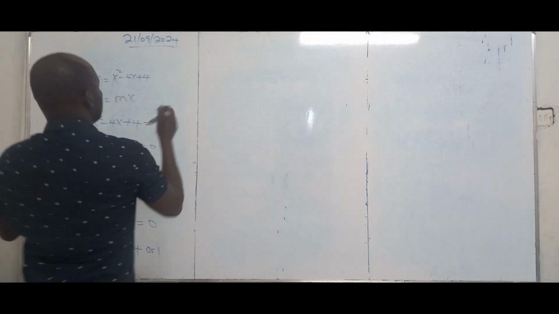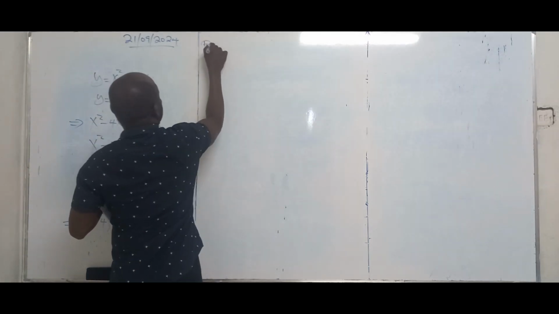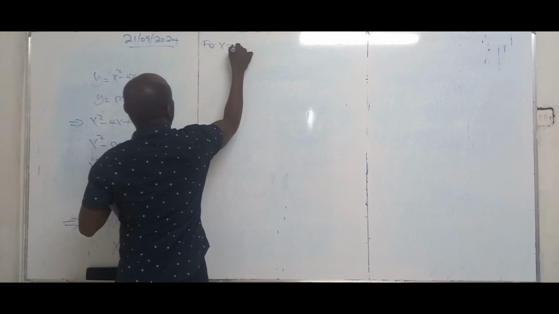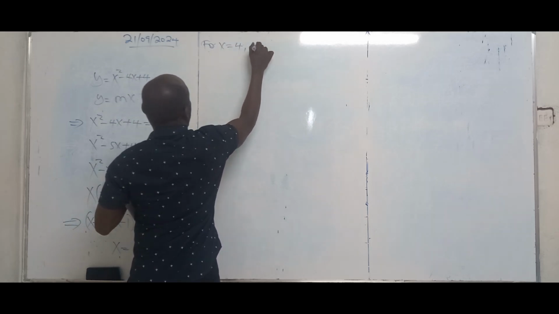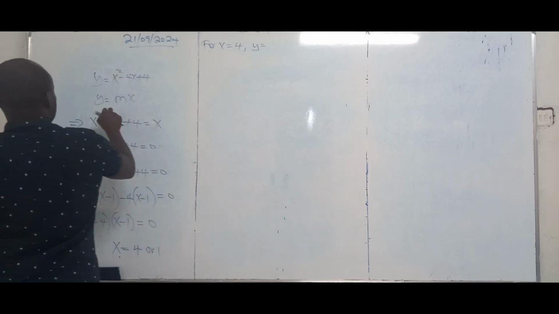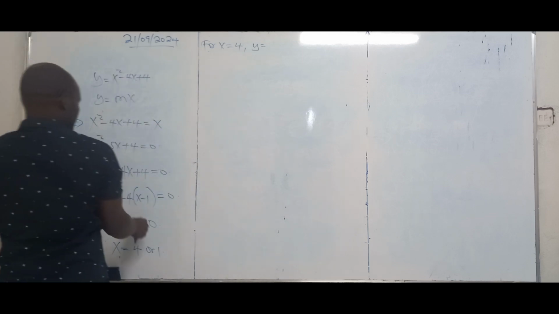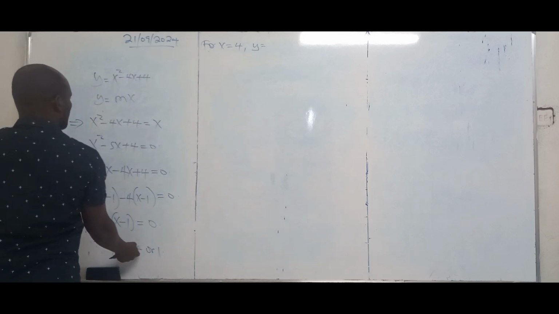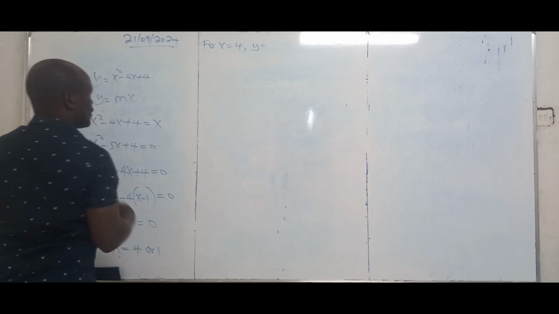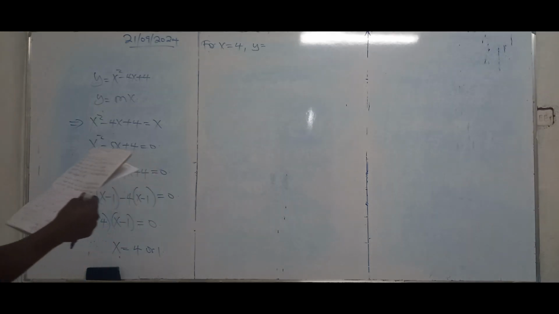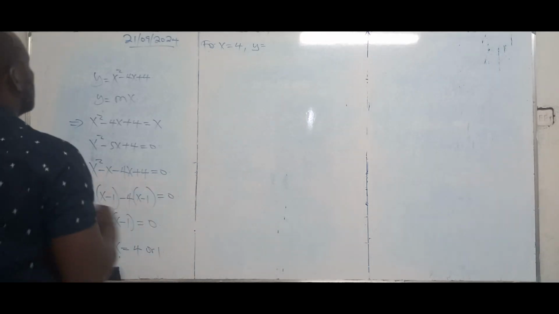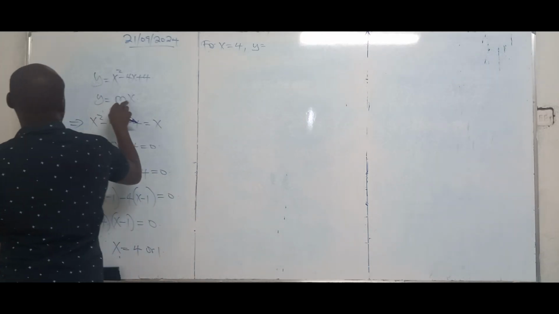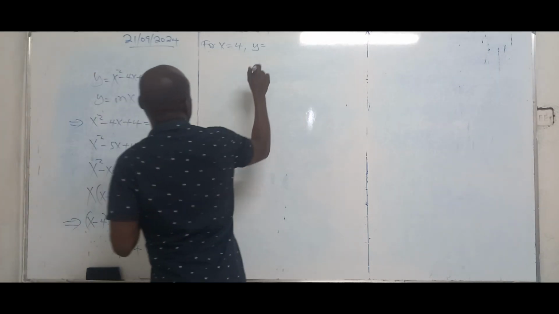So we say for x is equal to 4, y is what? If x is 4, y is 4, because we are substituting here. Remember, the line is y is equal to x, so y is 4.